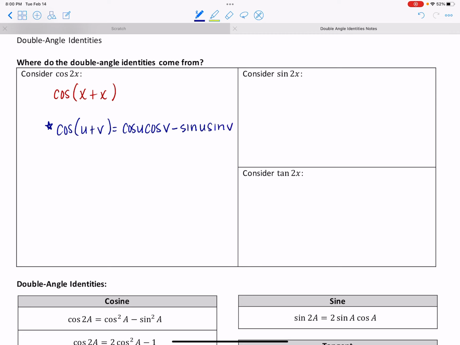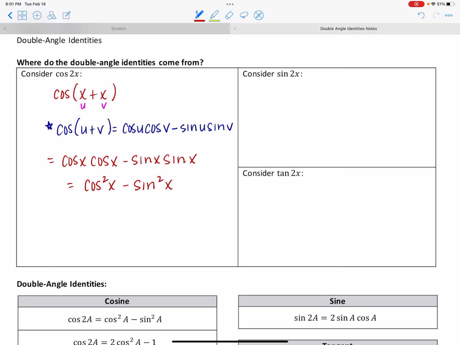So if I replace all of those u's and v's with x's, so I put in x for u and x for v, then we are going to be looking at the cosine of x times the cosine of x minus the sine of x times the sine of x. Well, when you multiply something by itself, it's considered squared, and so we can call this cosine squared x minus sine squared x.